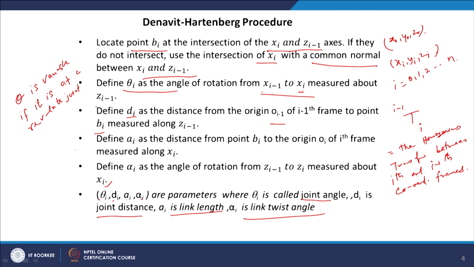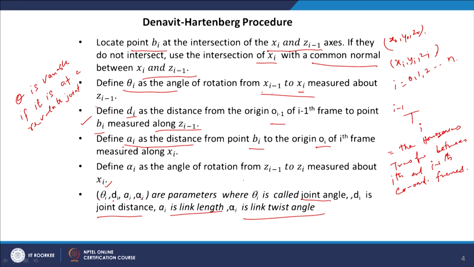So the distance between them measured along z0 axis will give the value d1. Similarly, d2, d3 all can be measured using this expression. And the link length ai, it is a distance between the point Bi and the origin Oi.